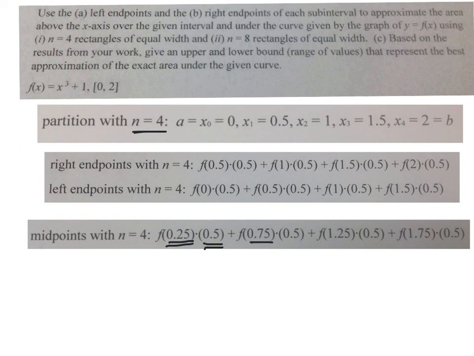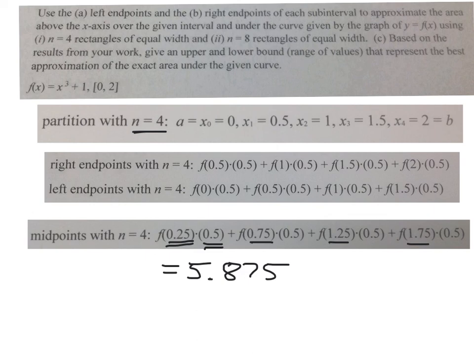Then our second one, third one, and fourth one, using the midpoints as our sampling points, calculating our function values or the height of those rectangles that we're using. And by the way, this would calculate to 5.875, if I did that right. Hopefully I did.